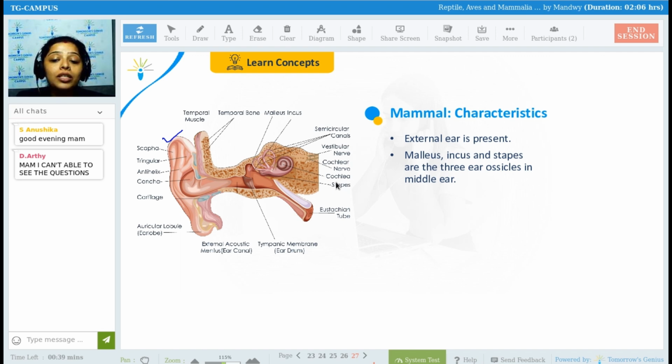In the inner ear there is a special structure called cochlea. The cochlea is connected to the nerves, which carry information related to sound waves to the brain, and then you are able to hear the words.